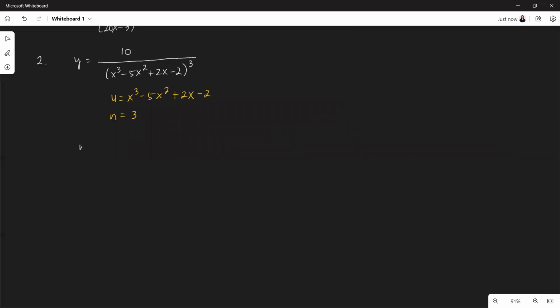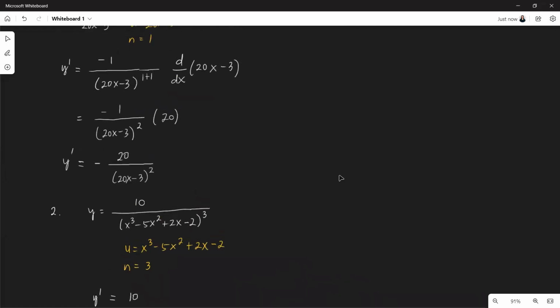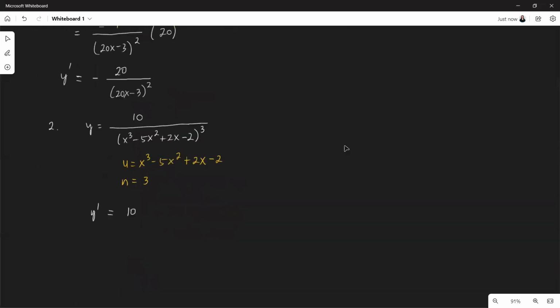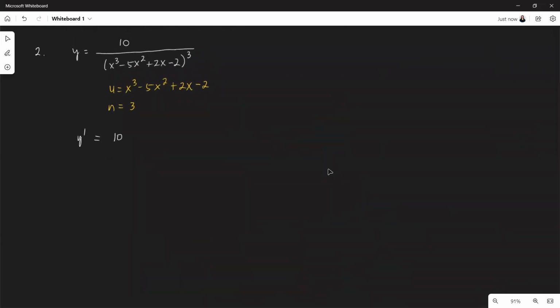So we just set aside the 10, and then proceed to application of the D9 rule. So it's 10 times, using D9, negative n divided by u raised to the power of n plus 1, then the derivative of u with respect to x.